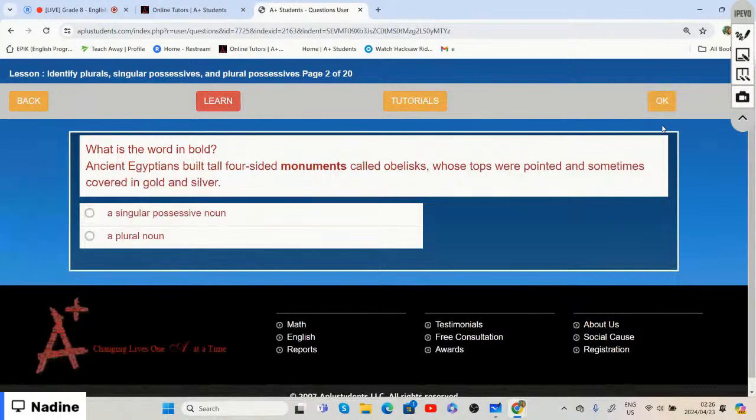For example, like here, ancient Egyptians built tall four-sided monuments called obelisks, whose tops were pointed and sometimes covered in gold and silver. So now we need to say the word monuments. Is that a singular possessive noun or a plural noun? Monuments.